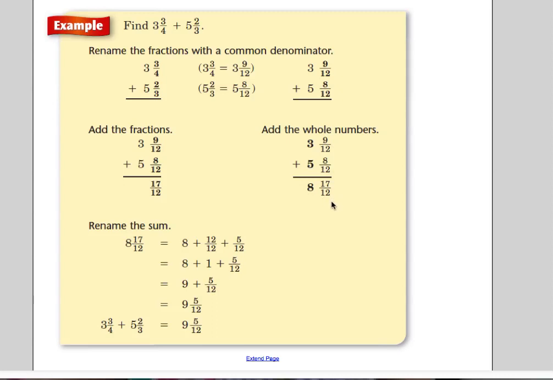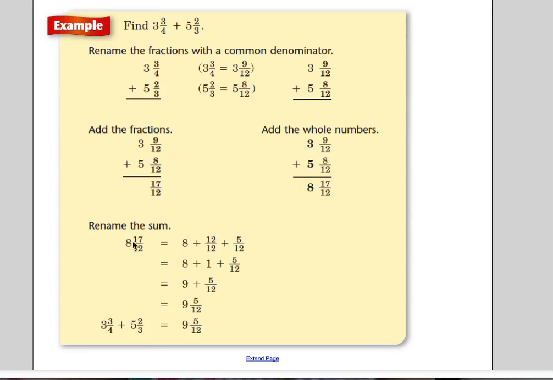The problem is it's kind of like what I call a messy answer because we've got an improper fraction here, and we need to rewrite that, and we always need to try to simplify. Well, here's where fifth graders often go wrong, because as they're doing all this work rewriting 17/12, they forget about that 8 there.